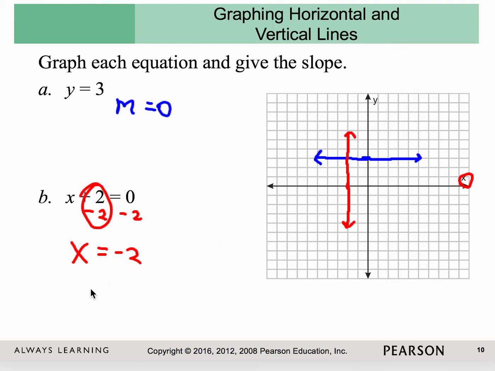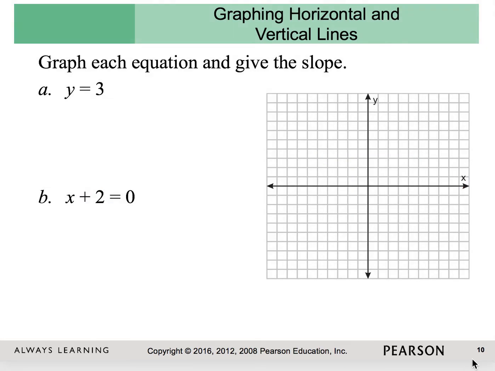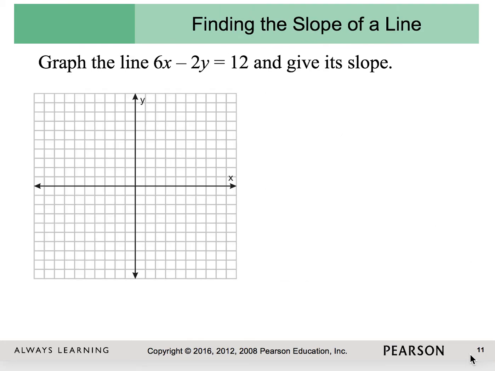And if it's vertical, the slope is undefined. It's so steep, I cannot climb it. I cannot define it. I cannot anything, except draw it. Okay. Got to keep in mind those special situations.